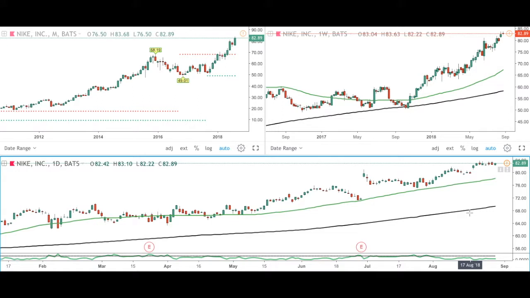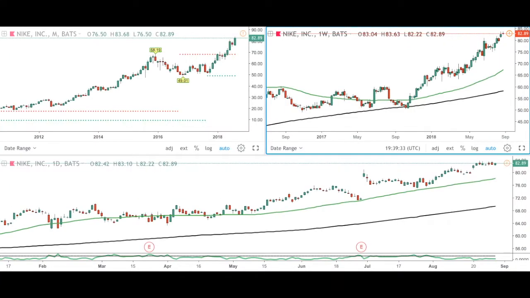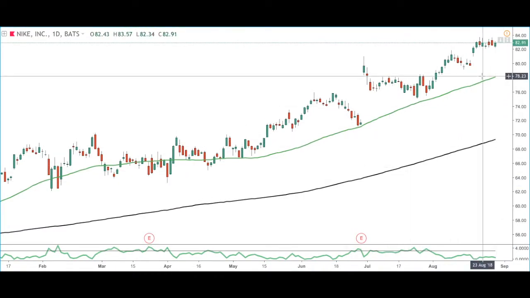We will now have a look at our next stock, which is going to be Nike Incorporated, ticker symbol NKE. Looking at the weekly time frame, we can see that price is trading above the 200 moving average and the 50 moving average on the weekly time frame. Price is trading above the 200 moving average and the 50 moving average on the daily time frame as well, giving us a bullish bias and a bullish trend on this stock, which would lean towards us considering to take long positions on this stock.